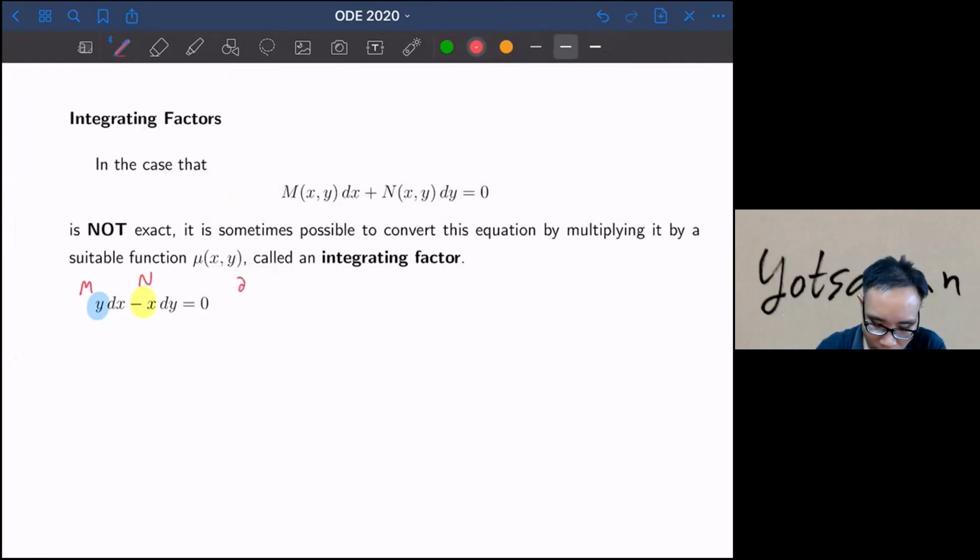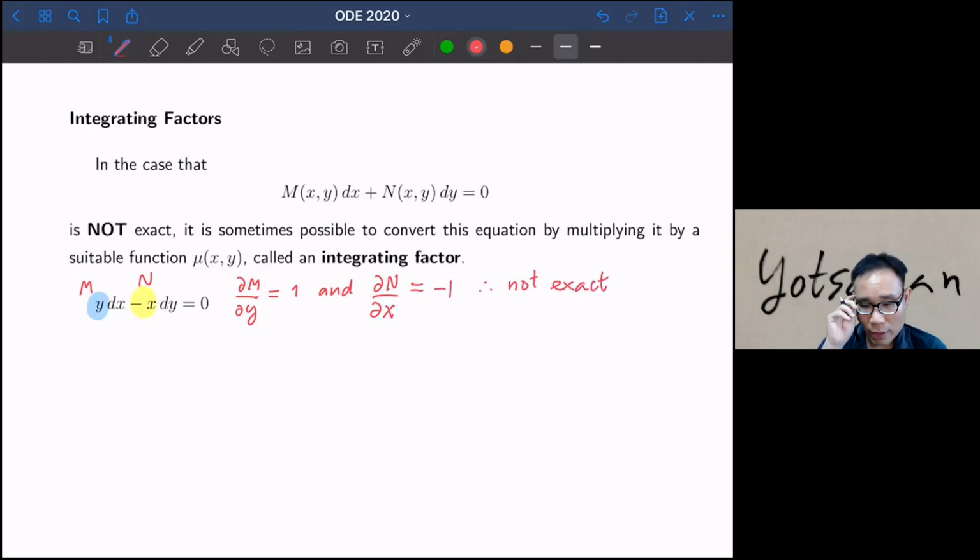You check dM/dy, which is going to be 1, and dN/dx is going to be negative 1. And so the equation turned out to be not exact. So when you have a non-exact equation, you may think, hey, can we just find something that makes this equation turn out to be exact?